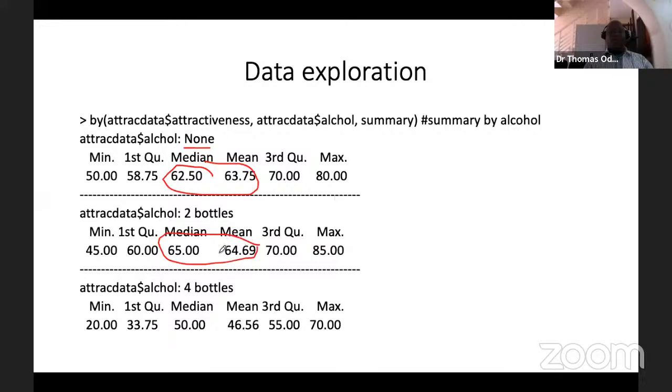The male even seems to be doing better than the female when they've taken 2 bottles. But now when you take 4 bottles, you can see the drastic decrease. So there seems to be a bigger effect after 4 bottles. So 1, 2 bottles, you're okay. It does not affect you, so you don't need to run home after that.